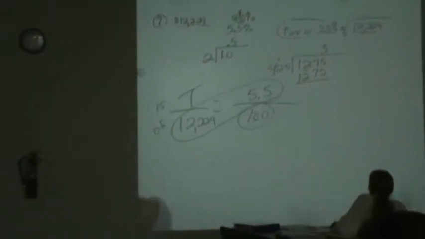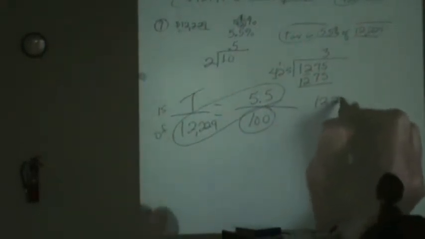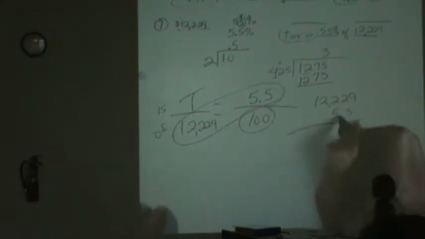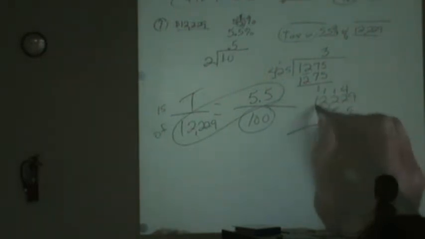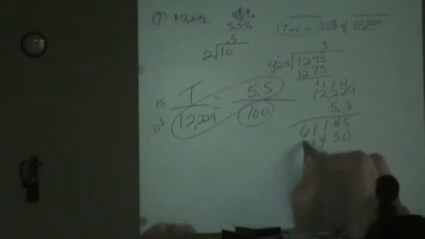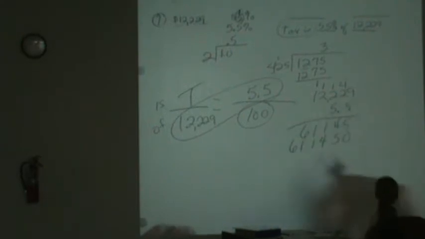Multiply, divide by 100. So 12,229 times 5.5. Good thing is they're going to be the same. 5 times 9, 45, and so on. Now we'll put a 0, and it'll be the same numbers, because it's 5 times the same numbers again.